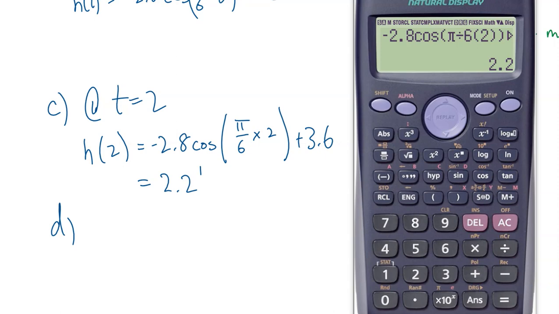Watch your brackets when you do this. So something's interesting too. The way I typed it in, if you typed that in on your calculator, you would get the wrong answer. I can't show you because I can't get my actual calculator up there, but these physical calculators, unless you have an updated version and they've changed it, interpret the way I've written this as the 6 times the 2, and it's pi divided by 12, which is not what we wanted.